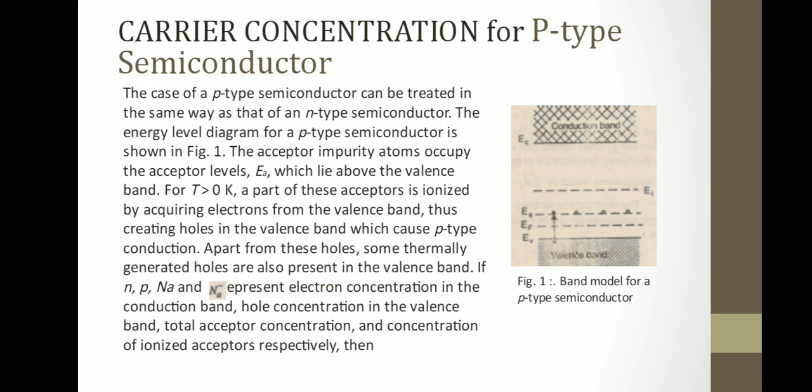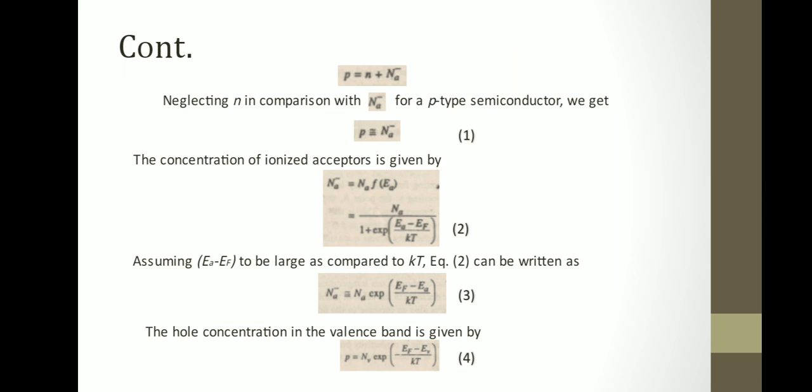If n, p, Na and Na negative represent the electron concentration in the conduction band, the hole concentration in the valence band, the total acceptor concentration, and the concentration of ionized acceptors respectively, then p is equal to n plus Na negative. Because the acceptors take electrons from the valence band, they become negative ions.